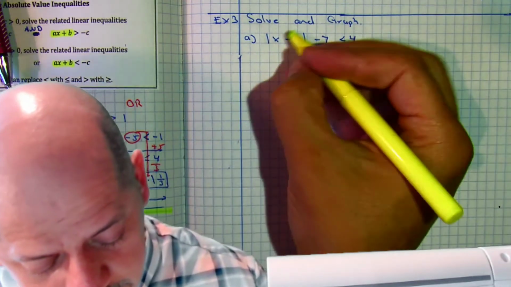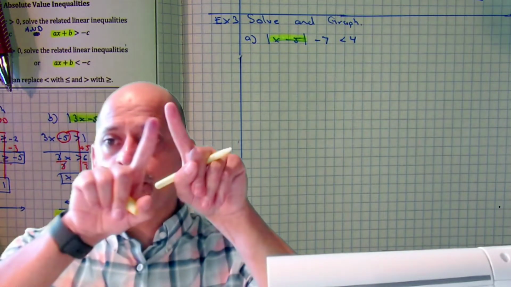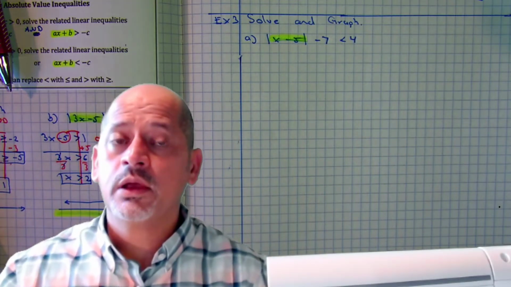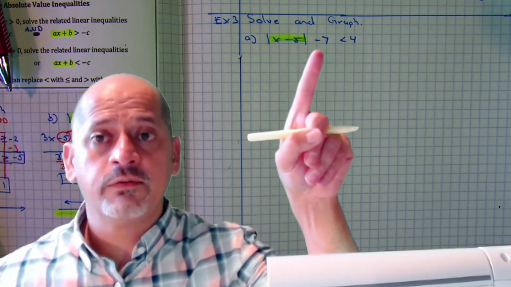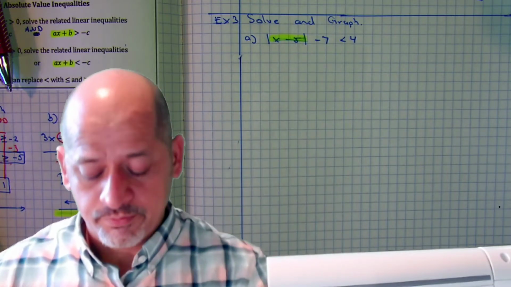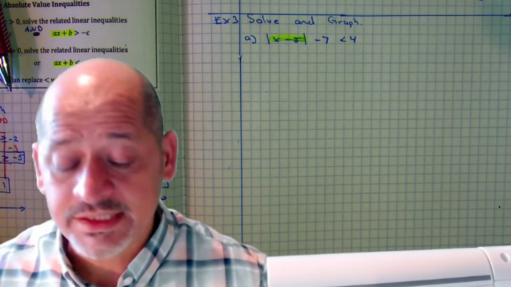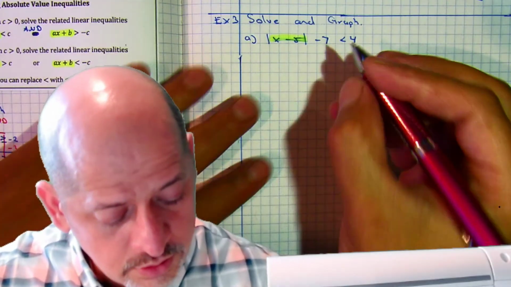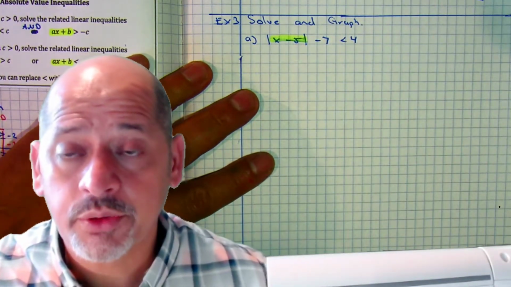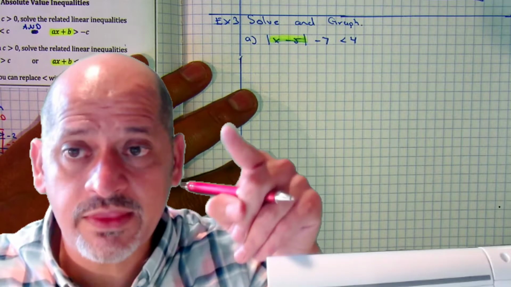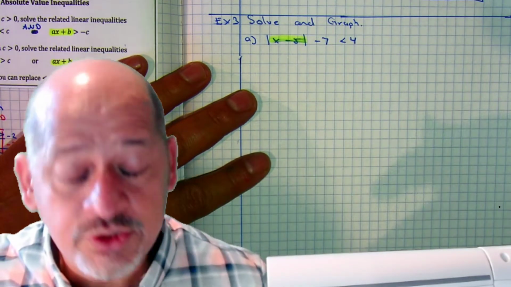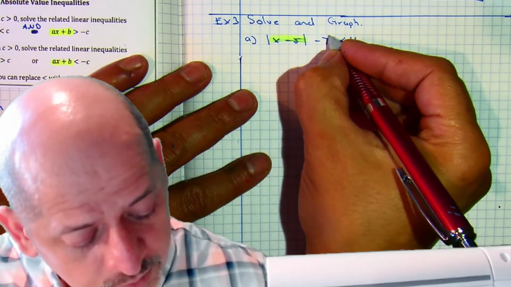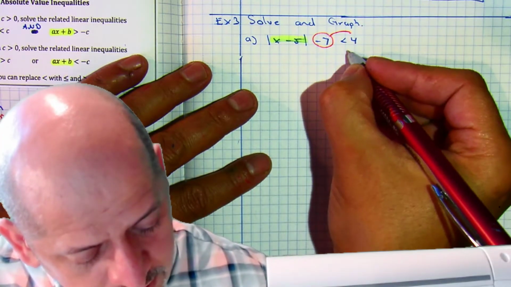But before we actually separate into two different inequalities, we need to make sure that we leave the absolute value by itself. So therefore, I need to get rid of the negative 7. Same thing that we covered on the last section. When we had an equal sign, remember, we did the same thing, that we cannot divide into two different inequalities until we get rid of the negative 7. So how can I do that? Move my negative 7 to the right, we can say positive 7.